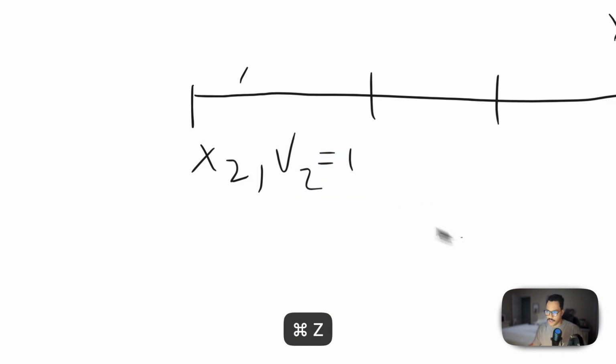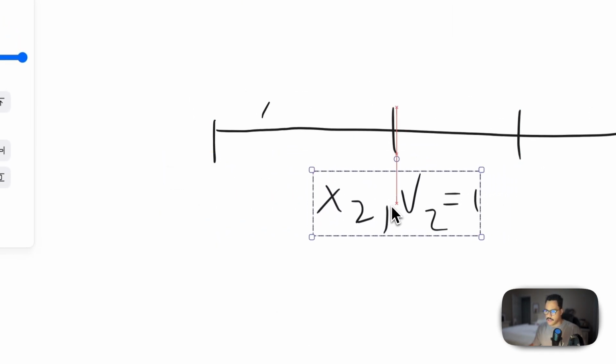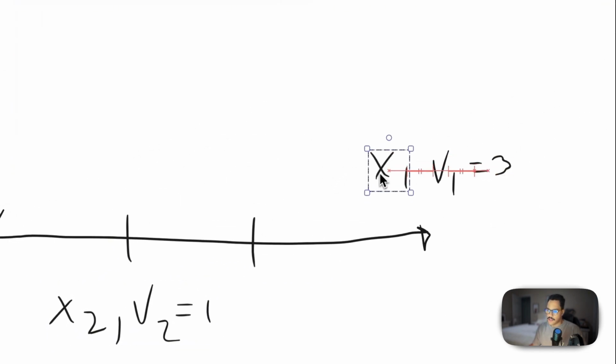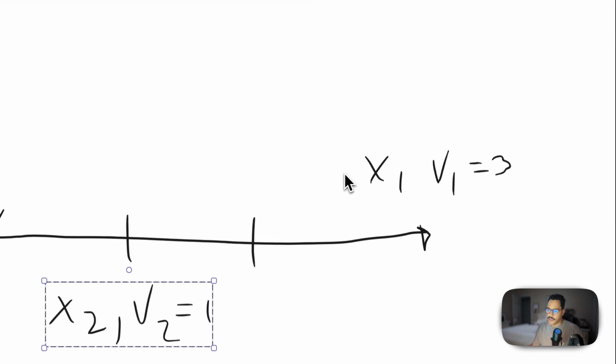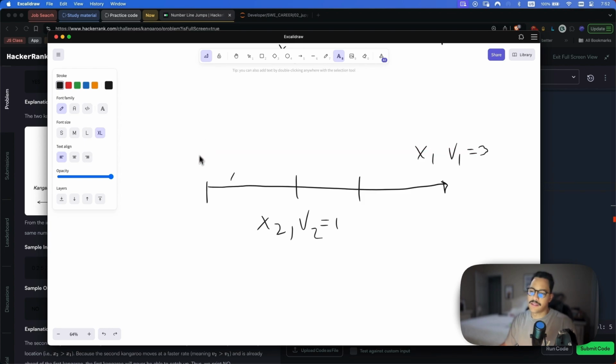So, oops, that's the problem with drawing here. But anyways, that's something to think about. If velocities are equal, then the positions must be equal.